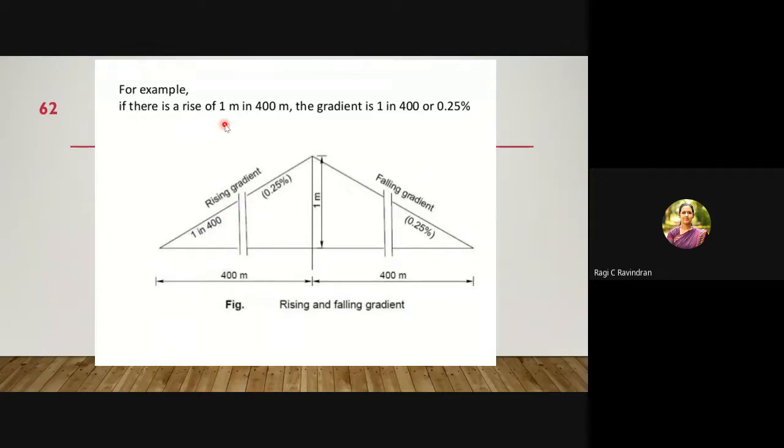If there is a rise of 1 meter in 400 meter horizontal distance, you can express the gradient as 1 in 400 or else 0.25 percentage. So this is how you can express. Both ways are correct. So that's it.